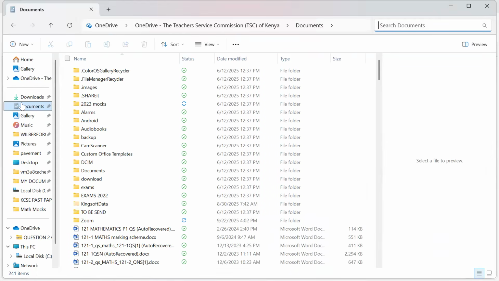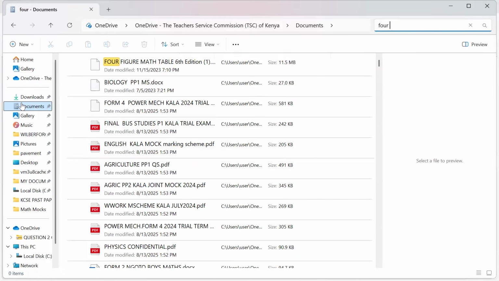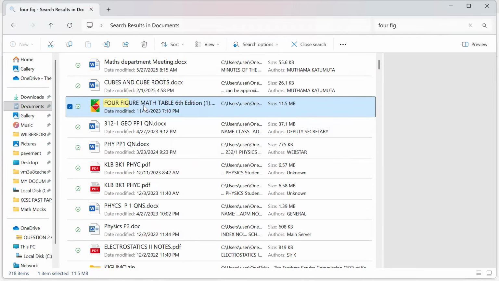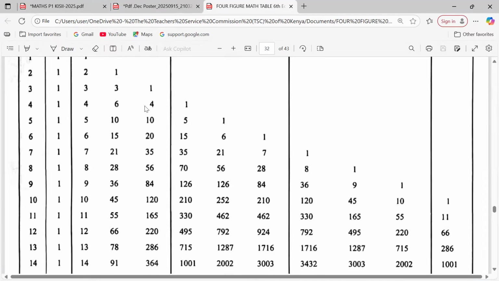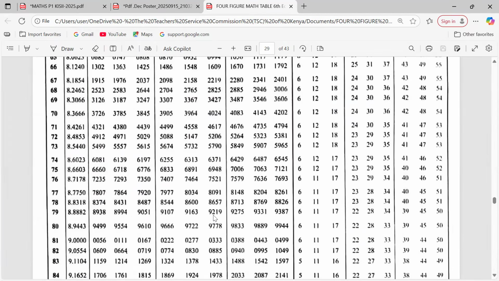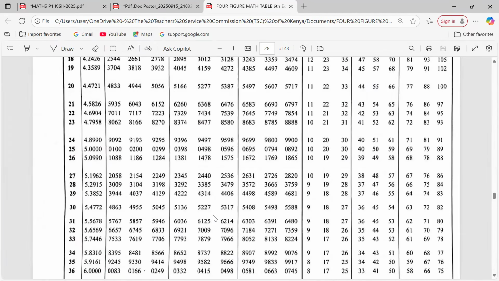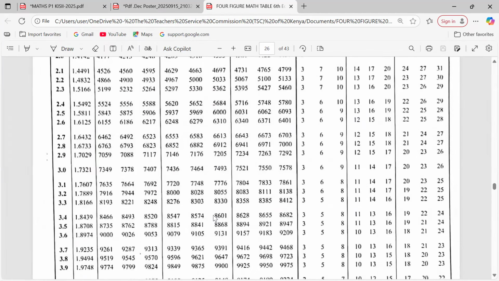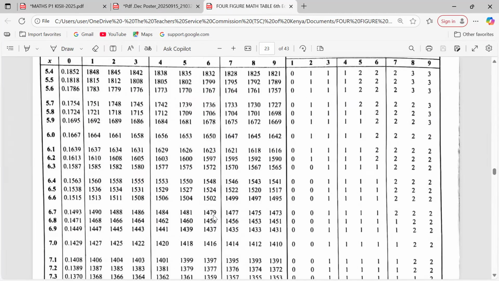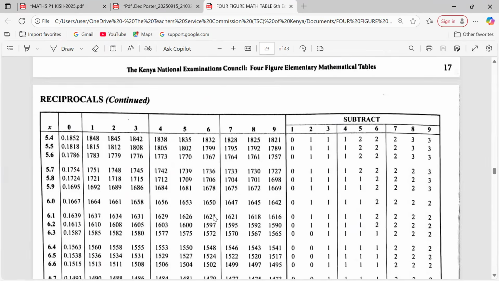So we can now go to the reciprocal tables. Let me see this. So we go to the reciprocals part. Is it after roots or just before roots? What I know is that they are neighbors. Yeah, reciprocals. 3.25.